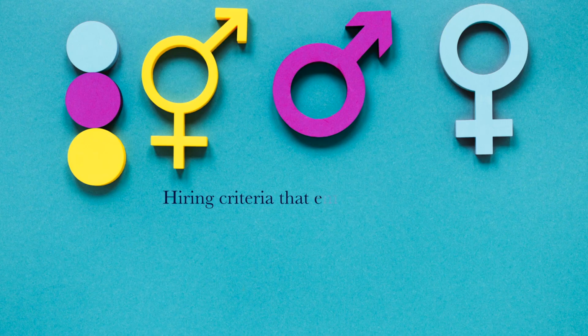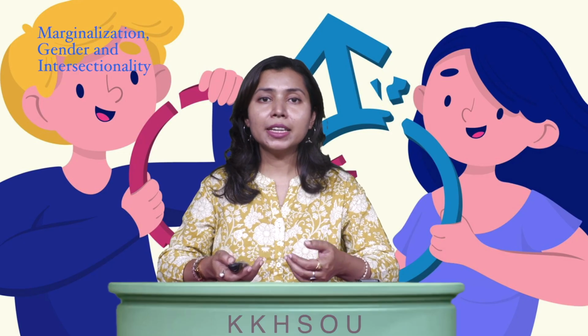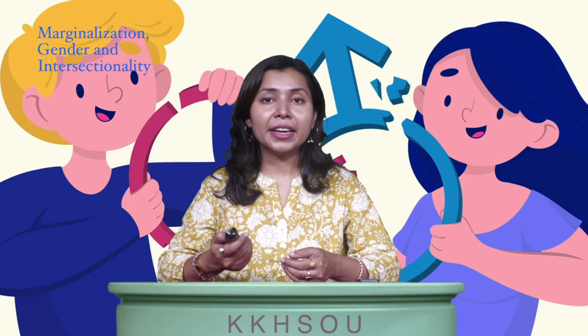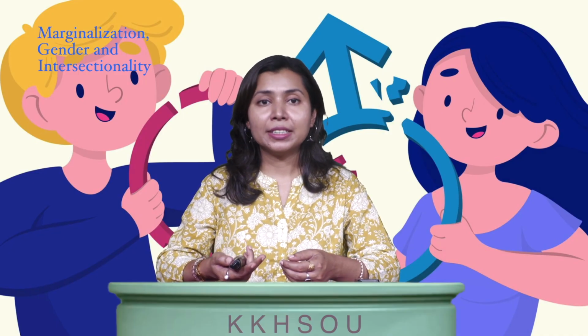For example, hiring criteria that emphasize culture fit may systematically exclude certain groups, or urban planning decisions may neglect neighborhoods where marginalized communities live. So, understanding marginalization requires recognizing how history shapes present inequalities.